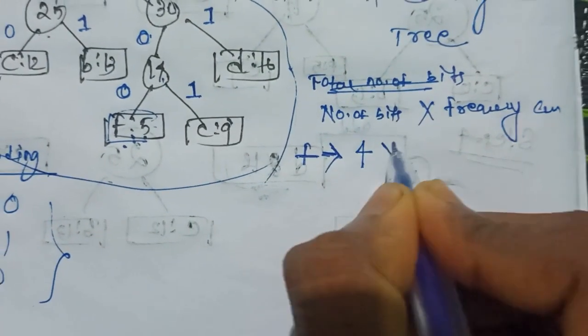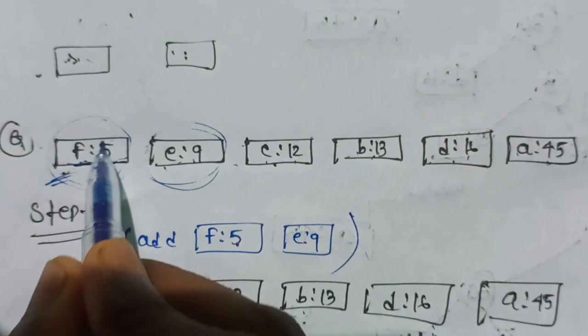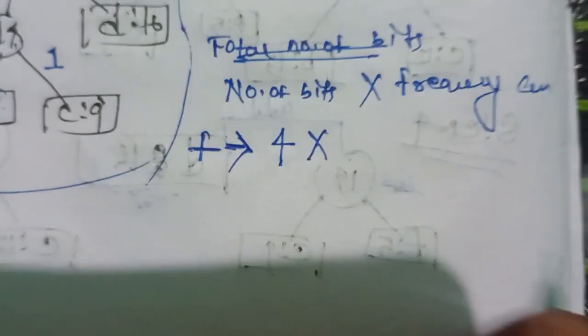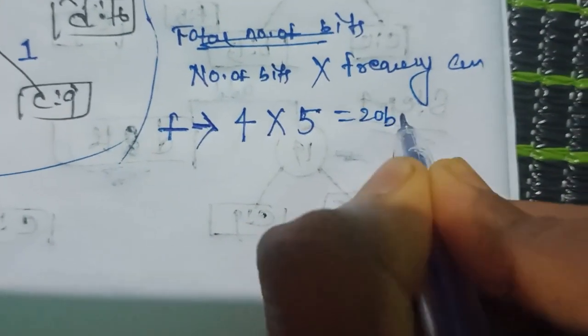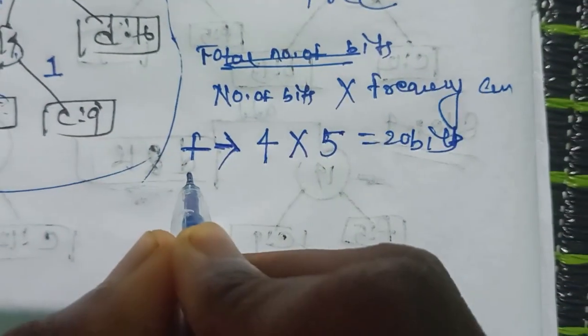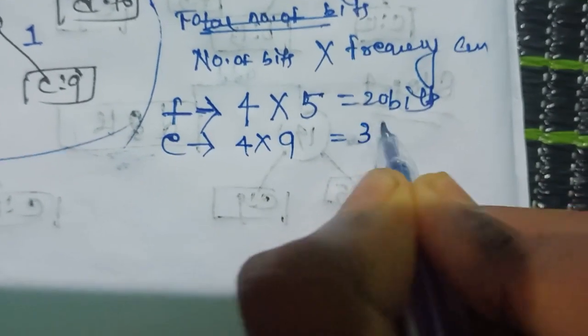So 4 into the frequency count, here the frequency count is 5. So simply I write 4 into 5, 20 bits. Similarly for E, 4 into 9, 36 bits.